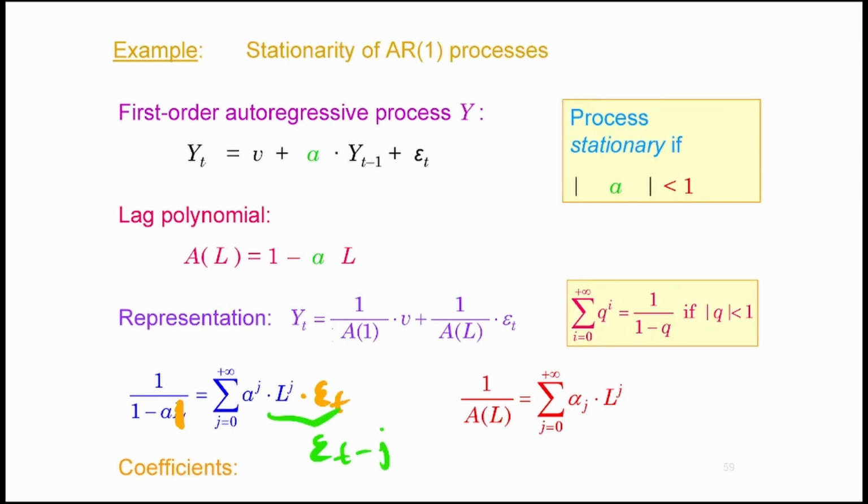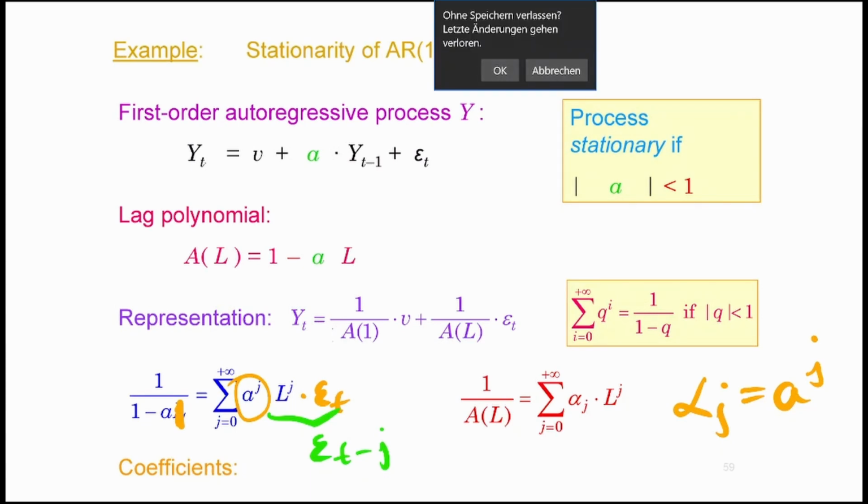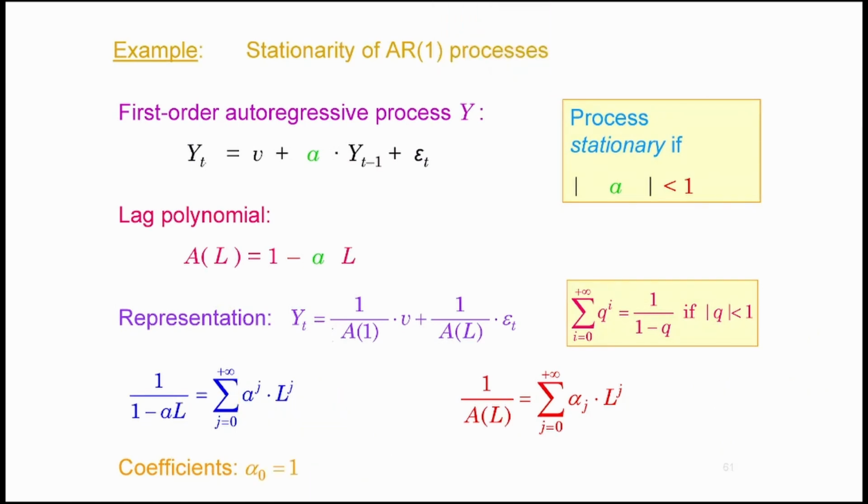So all you would need to look at are these coefficients, a to the power of j, whereas alpha j is going to be a to the power of j. So alpha 0 is going to be a to the power of 0, alpha 1 is going to be a to the power of 1, alpha 2 is going to be a to the power of 2, and so on. This is a way to identify these coefficients.